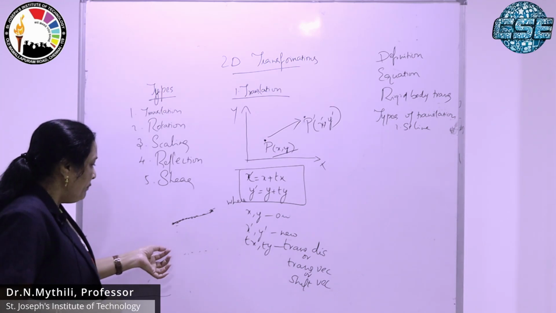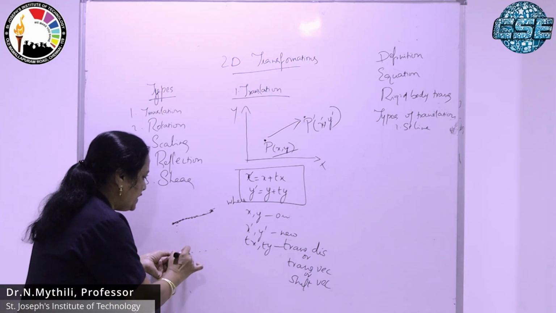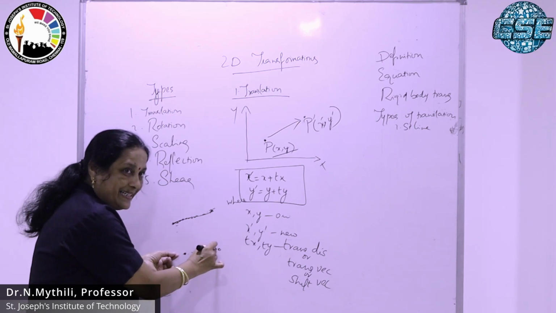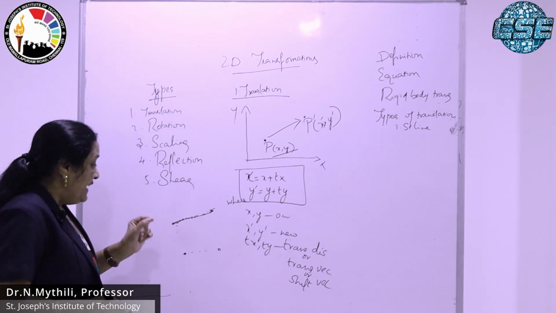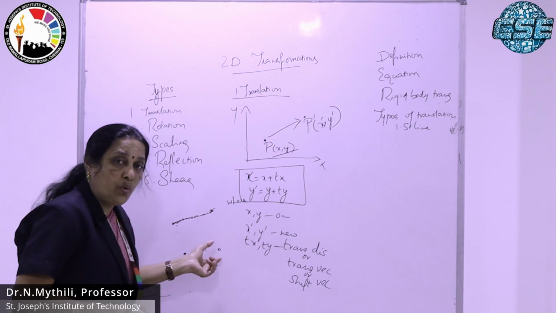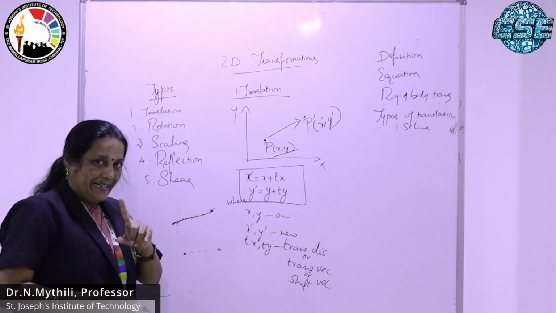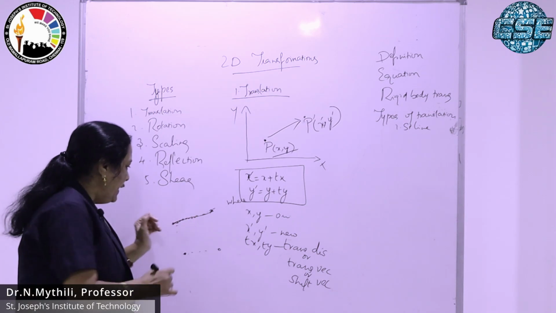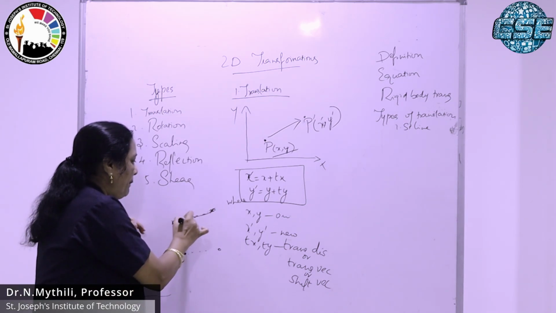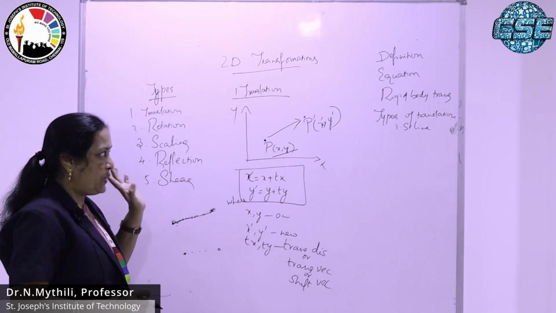We can apply the translation equation only to the end coordinates, and the line can be redrawn between these two end coordinates using a line drawing algorithm. So we are applying it only 2 times for a straight line.